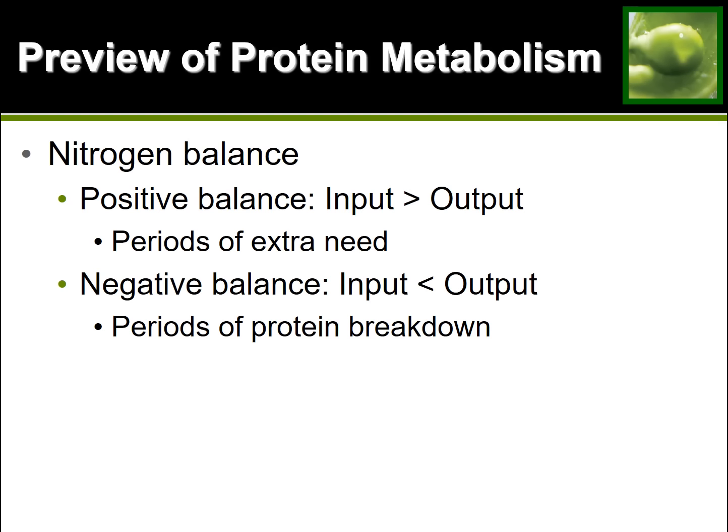Now, there are times where, let's say you're recovering from this wound or this burn, whatever it may be, the protein that you put into your body is going to be used to rebuild the skin wherever you had your wound or your burn. And so in that situation, when you're recovering from an injury, it is going to be positive balance because your body's using up that protein to help you recover.